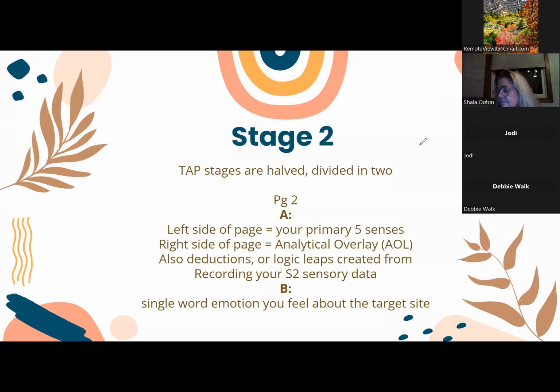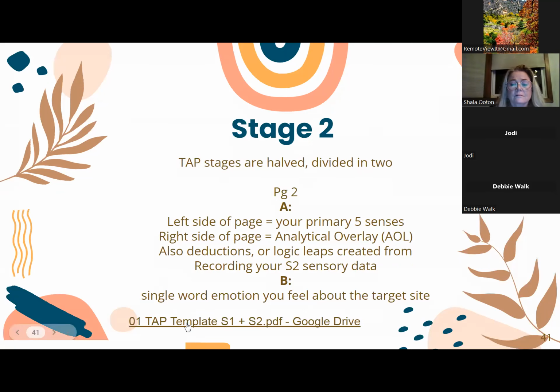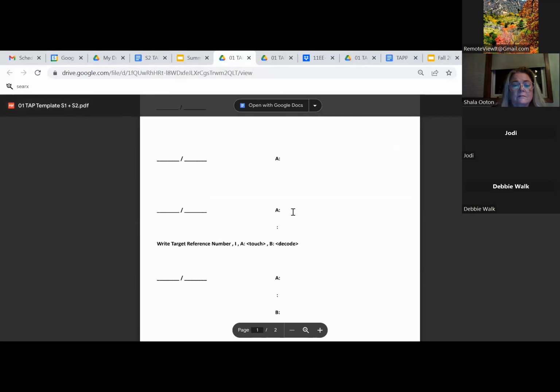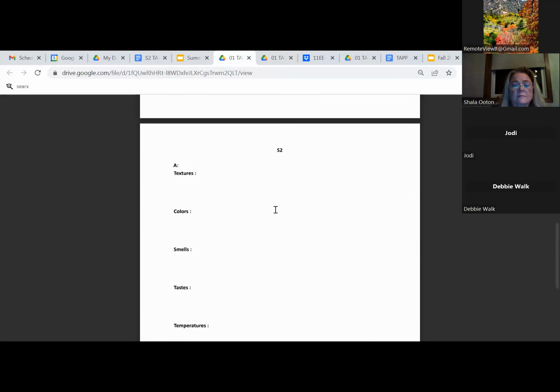Any questions so far with that diatribe? Let's take a look at the template for stage 1 and stage 2. We are going through doing our stage 1, and then under stage 2, we're recording.